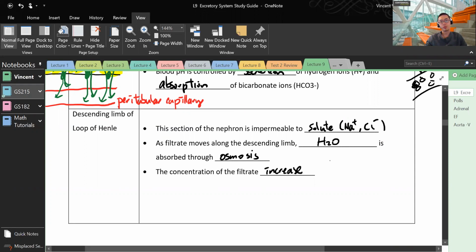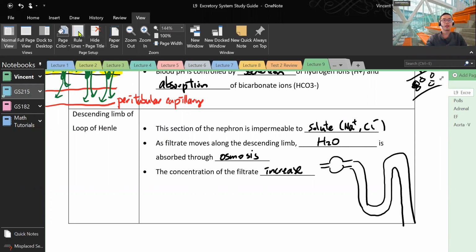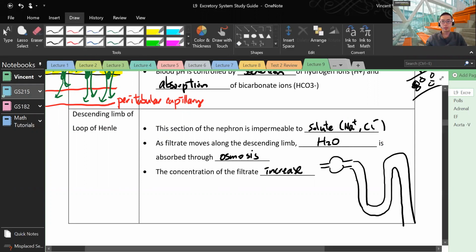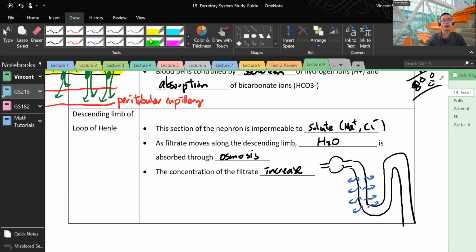If I draw the loop of Henle here, water will get reabsorbed into the peritubular capillaries. What's drawing the water out is the increasingly salty environment. Remember earlier today I said that the medulla has higher osmolarity than the cortex, and that increasing osmolarity will help draw the water out from the filtrate.